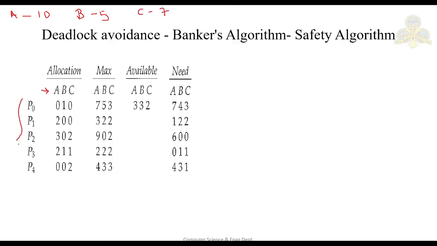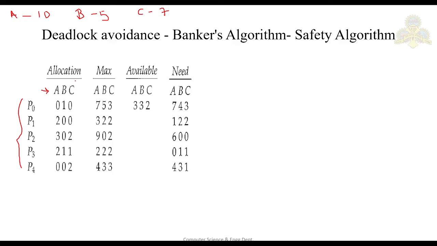So we have 5 processes and 3 resource types in the system, with 10 instances of resource A, 5 instances of resource B and 7 instances of resource C.